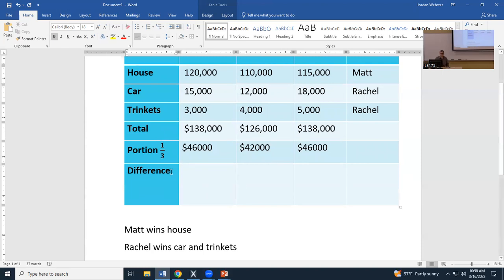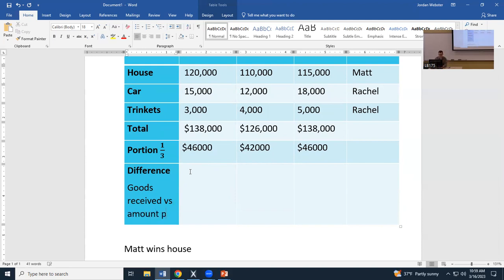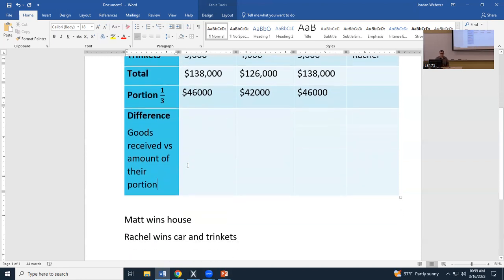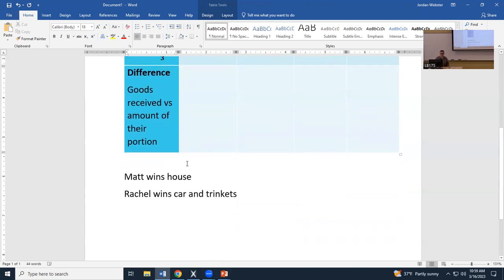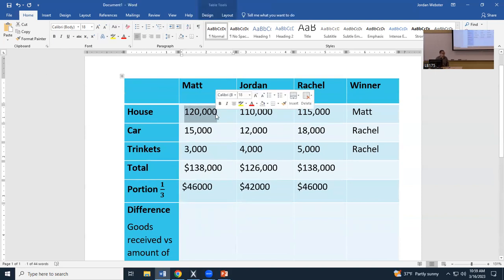Now, when I say difference, I mean the difference in the goods received versus the amount of their portion. Okay. Matt won the house, right? So he already received 120,000.